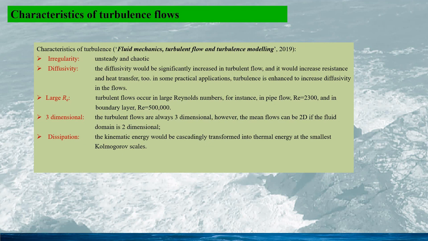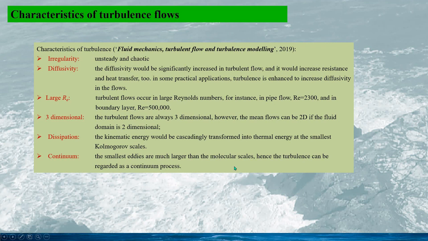In turbulent flow, the energy dissipation happens at the smallest Kolmogorov scale, the smallest eddies, which are still significantly larger than the molecular scale. Continuum: the smallest eddies are much larger than the molecular scales. Hence, turbulent flow can be regarded as a continuum.